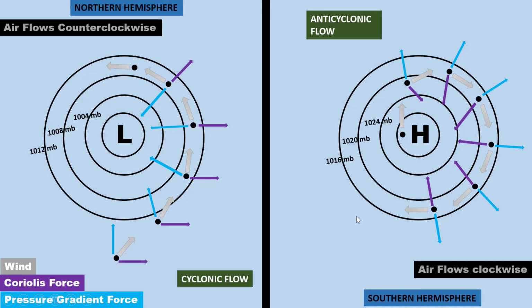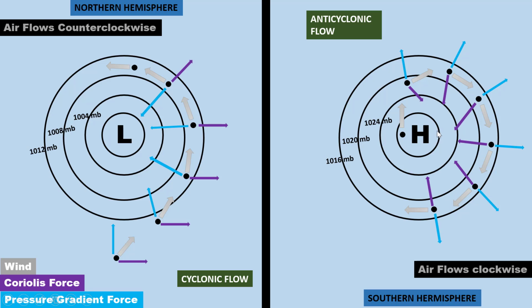So in this diagram, we have the northern hemisphere and the southern hemisphere. In the northern hemisphere, air flows counterclockwise, and in the southern hemisphere, air flows clockwise. But why? You see the diagram? In the middle of the circles, you have low pressure in the northern hemisphere.